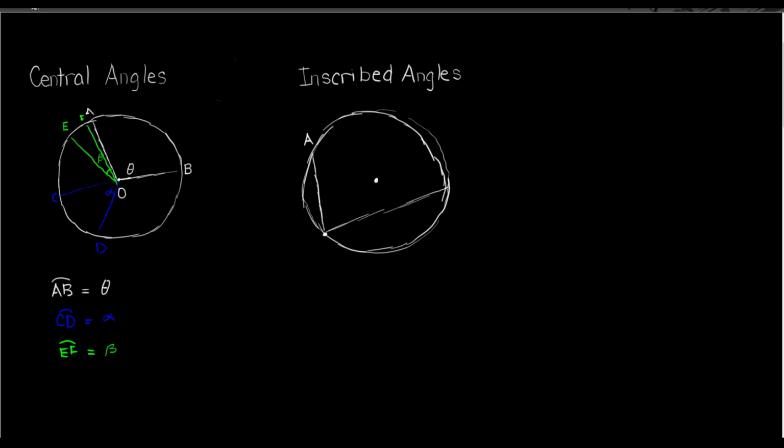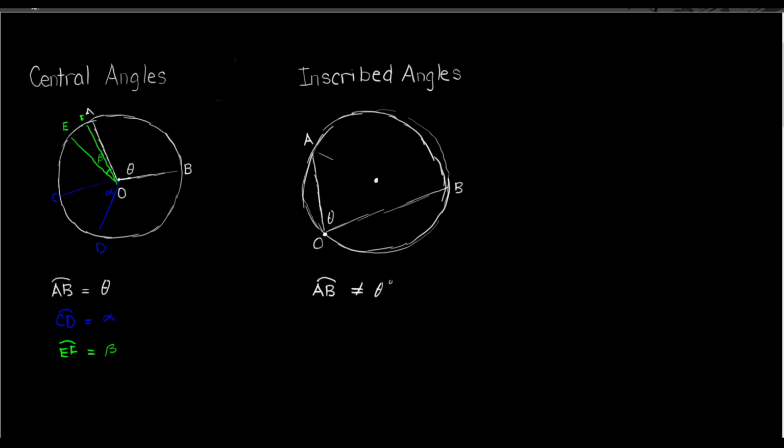Let's draw our points again. O is no longer our center, but it's a nice letter to use. And let's give this the value of theta again. Now, looking at this here, for inscribed angles, the value of arc AB is not equal to theta.